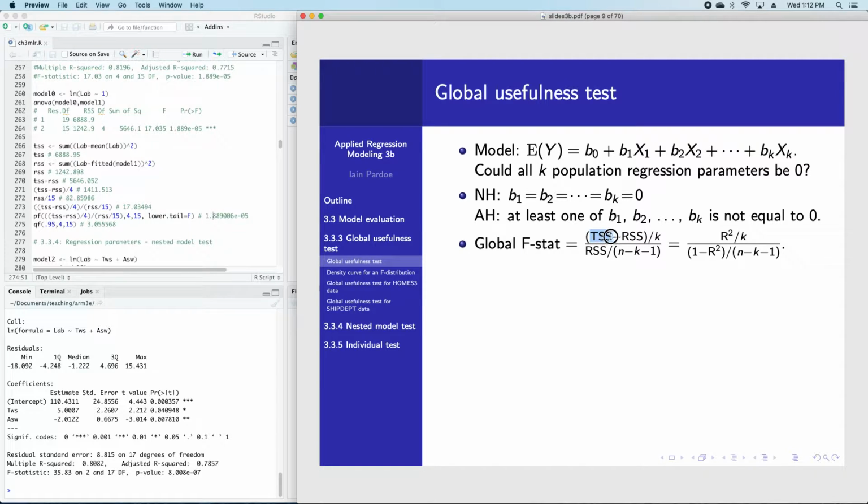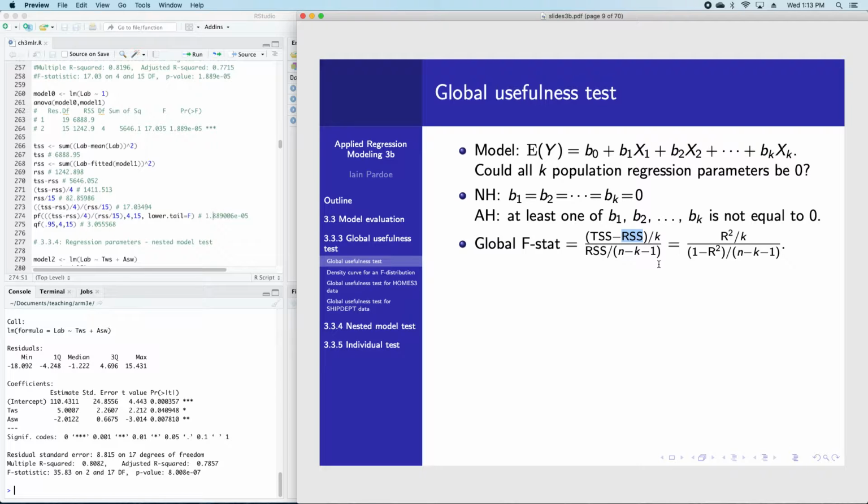Well, the total sum of squares, think of that as just some fixed number representing the variation in the response about its mean. So to make this a very big number, it would be useful if the residual sum of squares was a very small number.